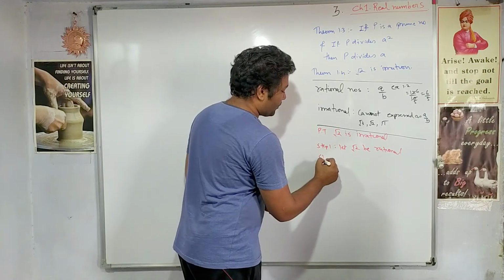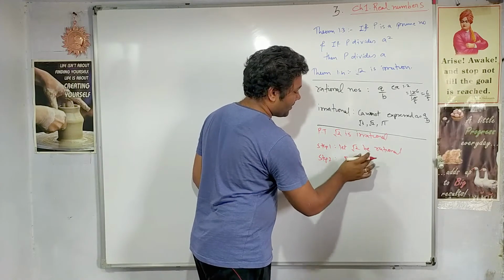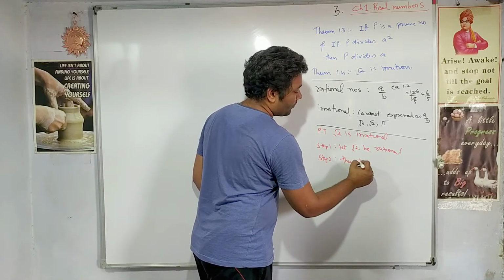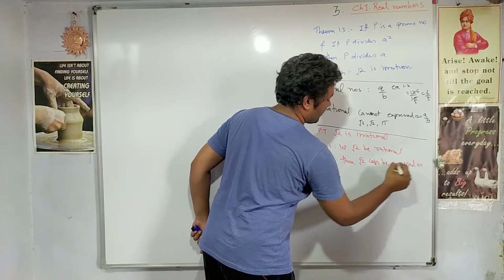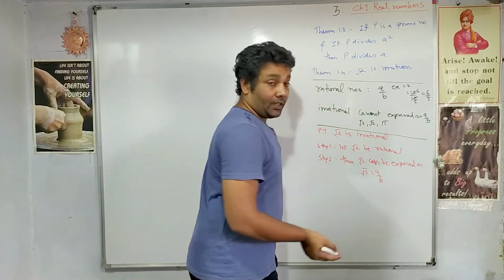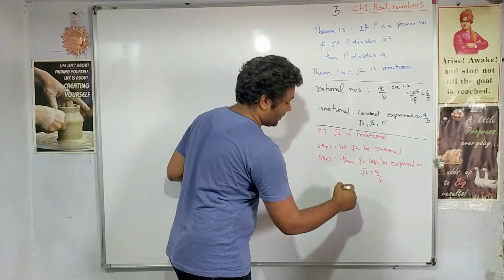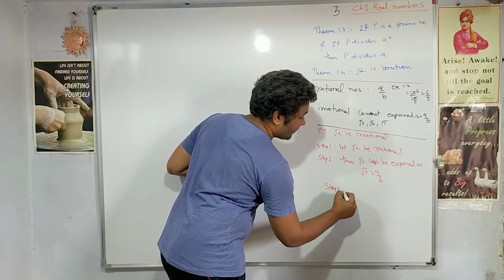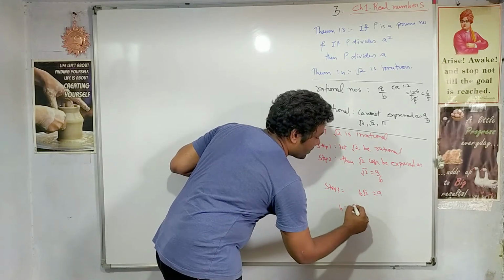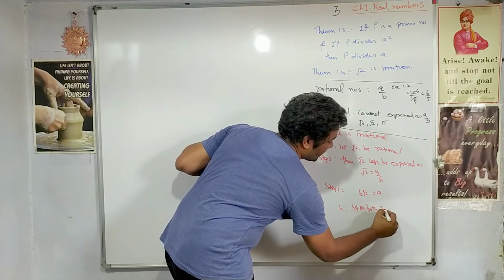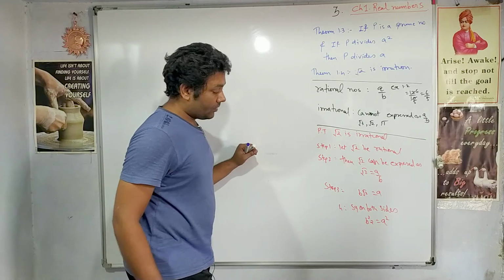Step 2: if root 2 is rational, then root 2 can be expressed in a by b format. If it is rational, compulsorily it should exist in a by b format. Step 3: b root 2 equals a. Step 4: squaring on both sides, b square times 2 equals a square, that is, a square is 2b square.